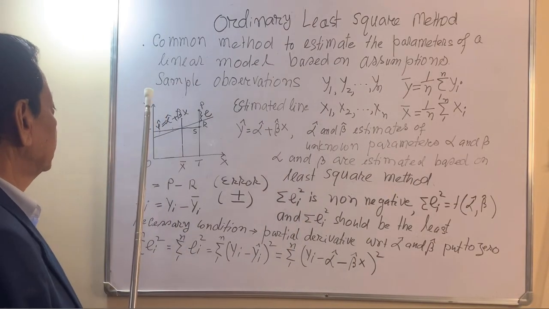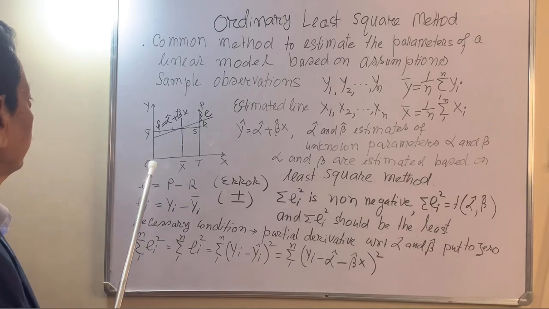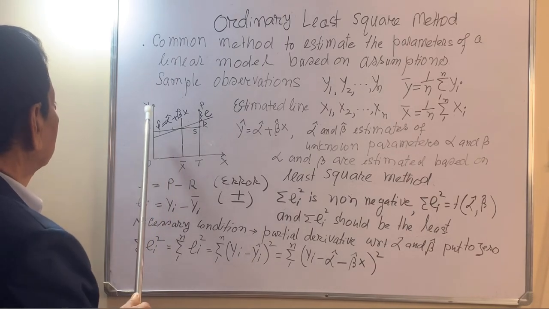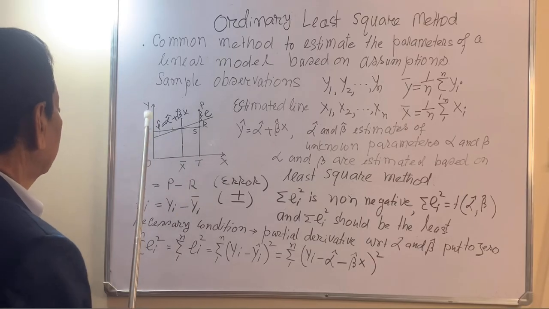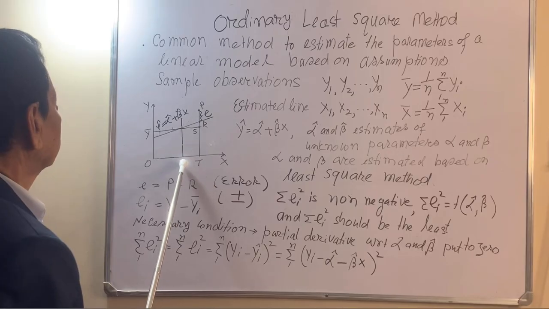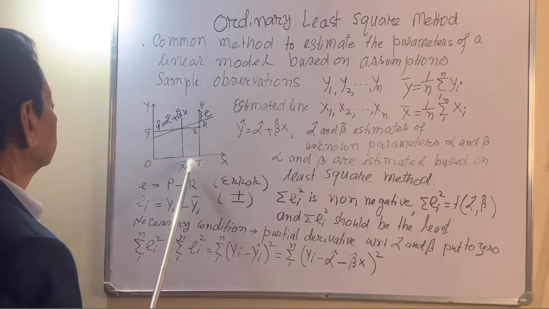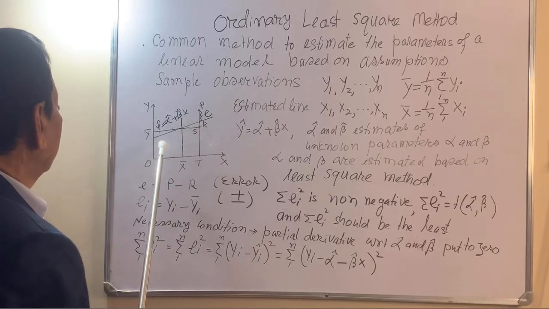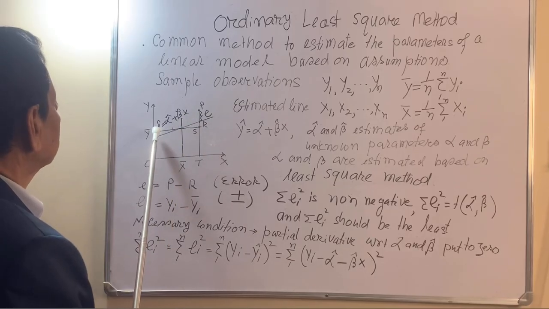Now if we see the scatter diagram, with two axes, x and y, x bar is the average of x, this much, and y average is this much.